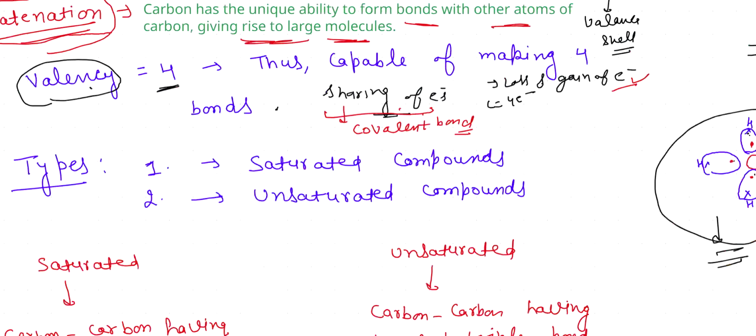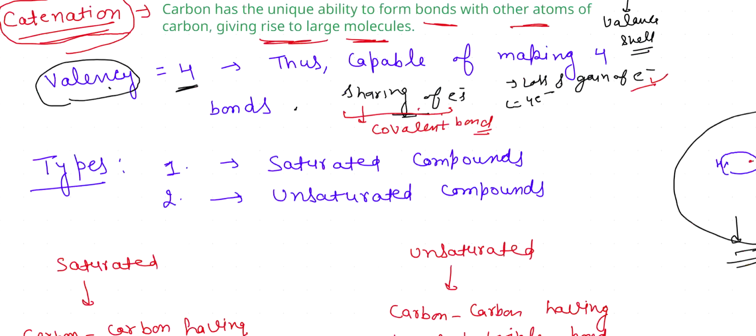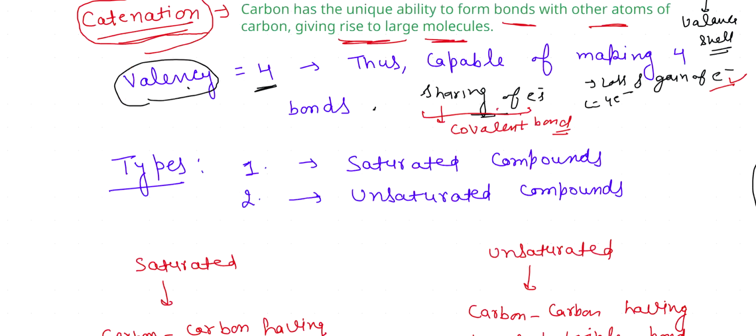So the carbon containing compounds are further categorized into 2 different types. One is saturated compounds, another one is unsaturated compounds. As in the molecule ethane, such as this molecule with hydrogens, in this molecule, there is a single bond between carbon and carbon.